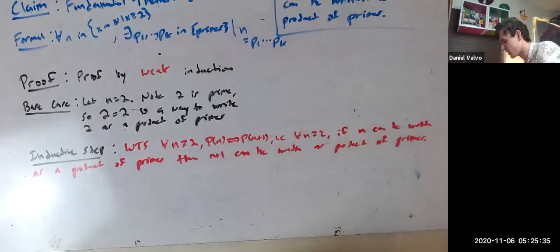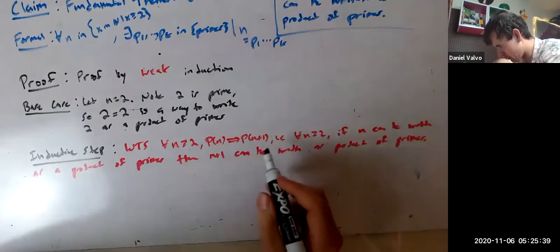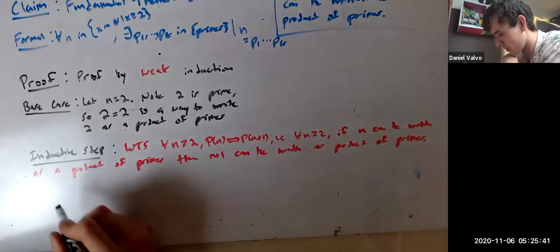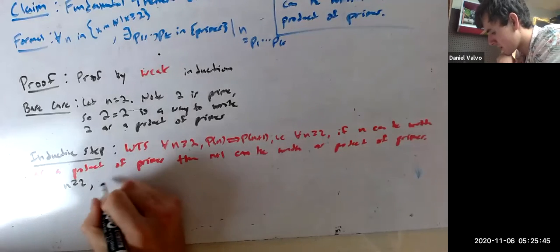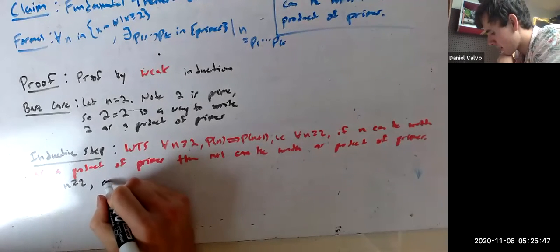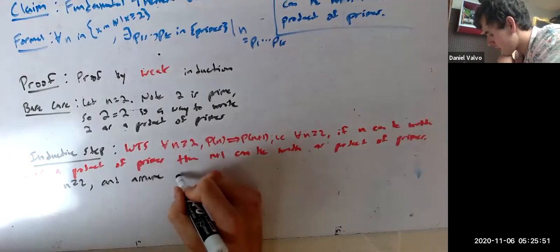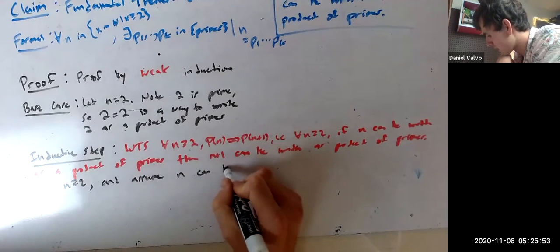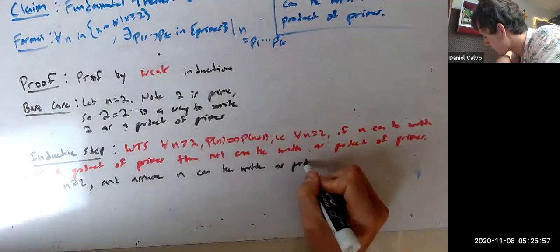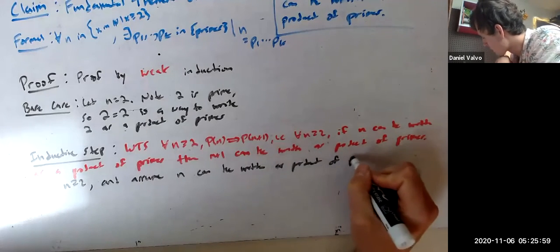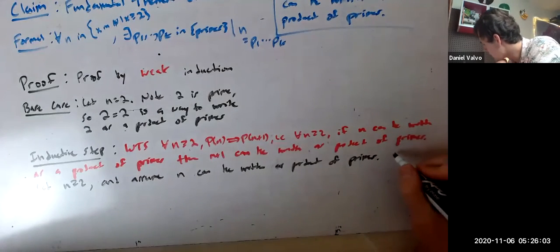All right, so we're trying to prove that, right? It's an if-then statement, right? You assume P of n, you try to show P of n plus 1. So let's let n be greater than or equal to 2 and assume n can be written as a product of primes.